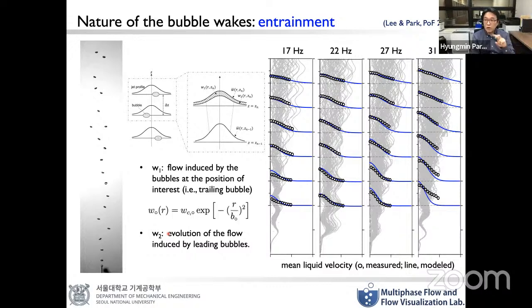That means we are considering two contributions, from the trailing bubble and the leading bubble. As a result, the solid blue lines are our modeled data for the vertical liquid velocity. Depending on the bubble generation frequency, we showed that our model reasonably predicts the measured liquid vertical velocity.